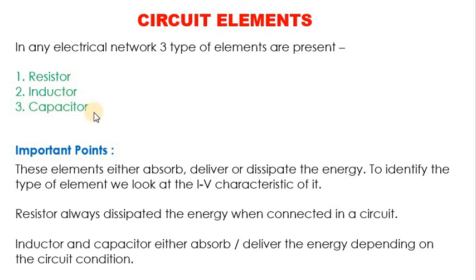Let me discuss a few important points related to these three, which will either absorb, deliver or dissipate the energy. To identify the type of element, we look at its IV characteristic. I will look at the IV characteristic and comment whether it is a resistor, an inductor or a capacitor.